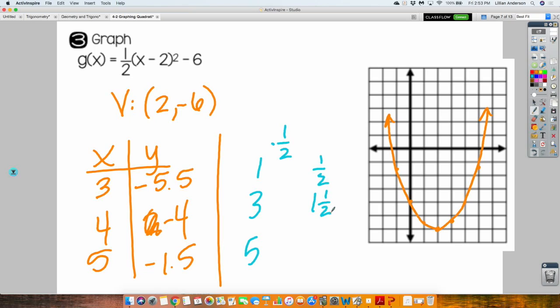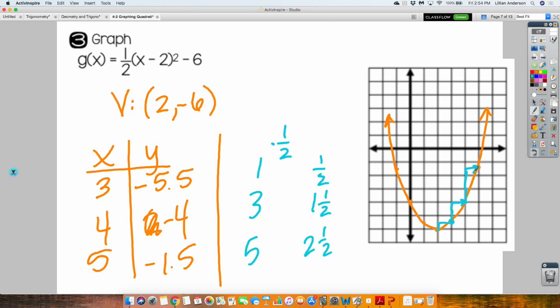Which means that from the vertex, no matter what, you always need the vertex. You go up 1/2 over 1, up 1.5, so 1.5 over 1, and then you go up 2.5, 2.5 over 1. The pattern still works no matter which way you do it, okay?